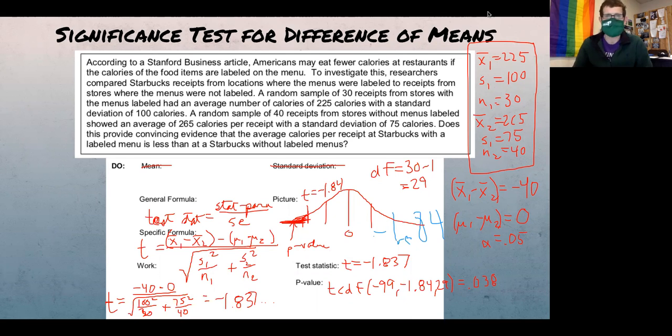Okay, so before we actually write it out, what's our conclusion? We reject the null hypothesis. And what does that mean in our context? That there's no convincing evidence that people will eat fewer calories at the store where the menus are provided with the calorie amounts.